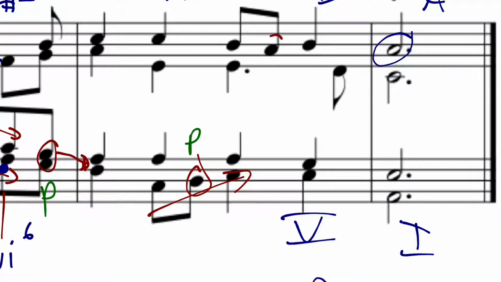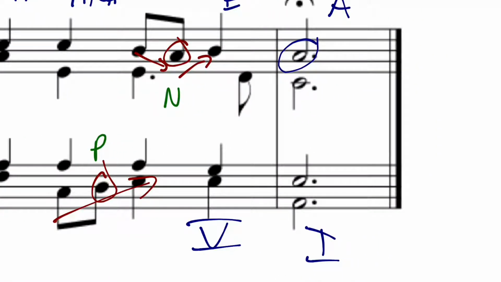Over here, let's do that in red. Over here, it's going down from a tone and back up by step. So it's got to be a neighbor tone. Be careful on this one. It's going in the same direction, ultimately to a chord tone.